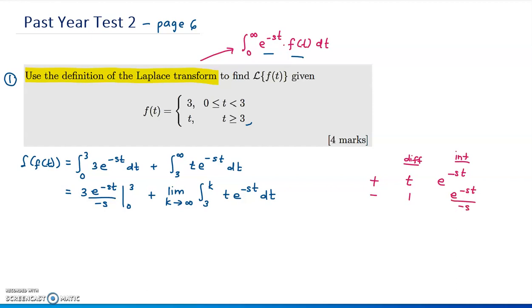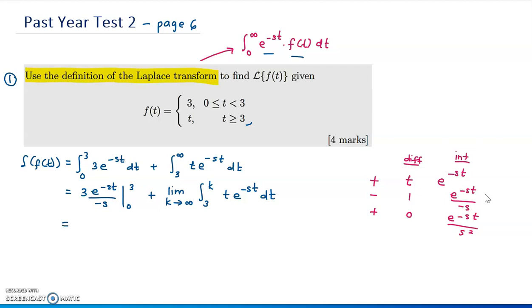Be careful here, because sometimes students tend to write negative s times e^(-st). You need to integrate for this column, not differentiate. And then change the sign. Differentiating 1 gives 0, integrating the exponential gives e^(-st) over negative s times negative s, so we have s squared.